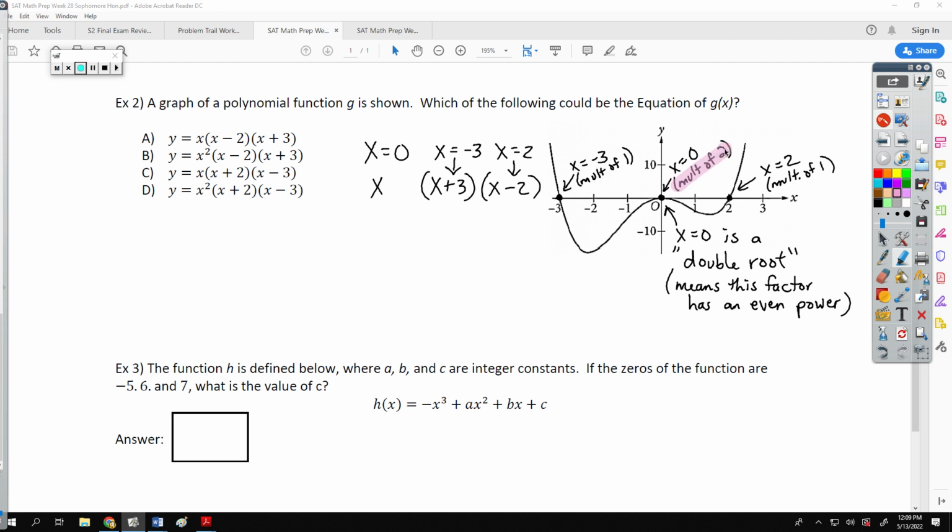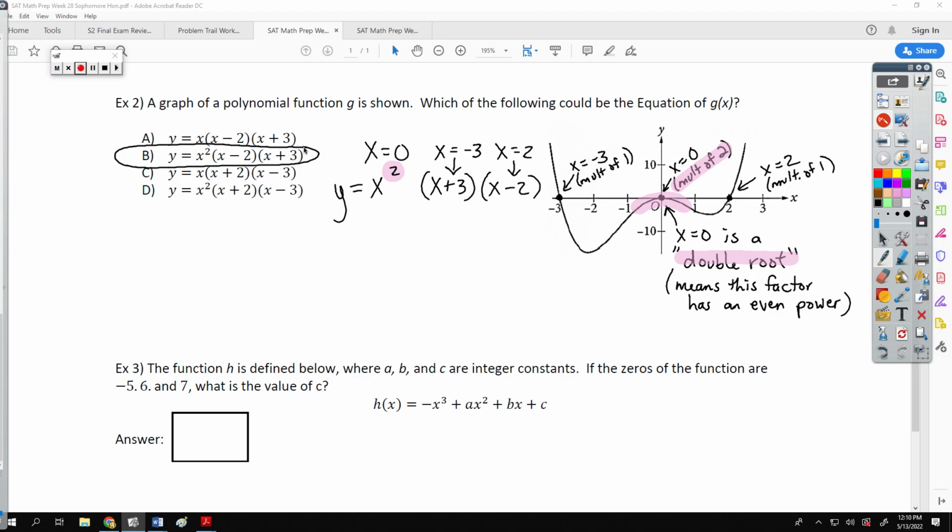When we see a double root, anytime it turns like that at the axis, that means there should be an exponent on the x. In this case, we're looking at an x squared situation. So our equation would have to be x squared times x plus 3 times x minus 2, which is B.